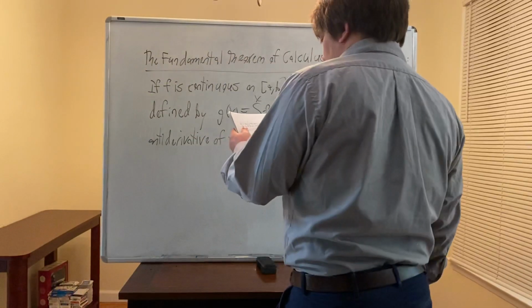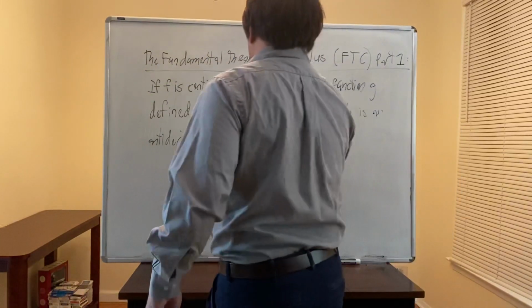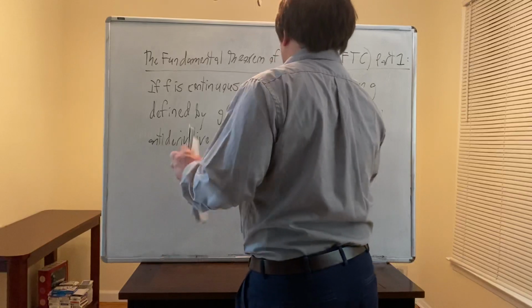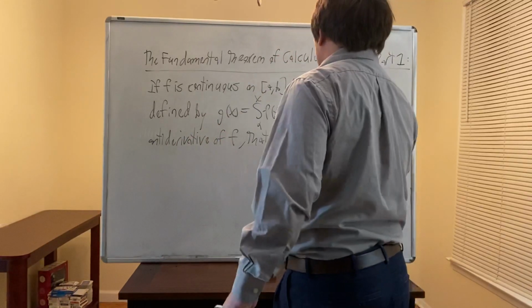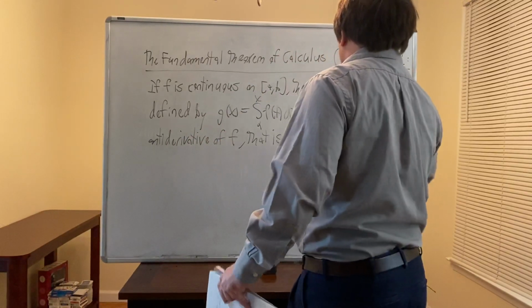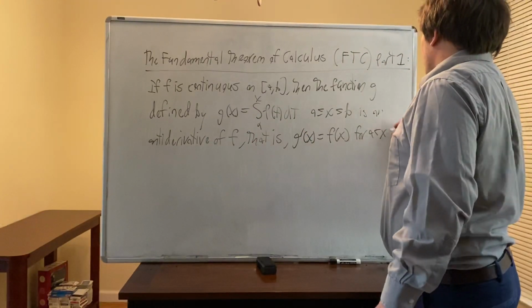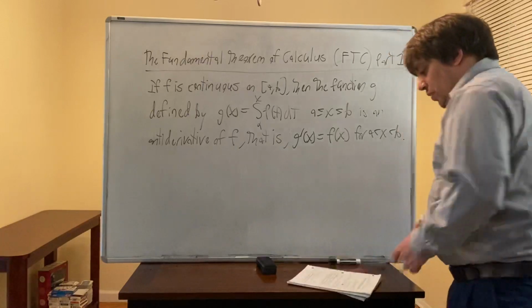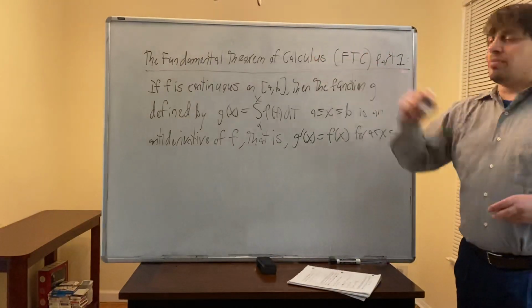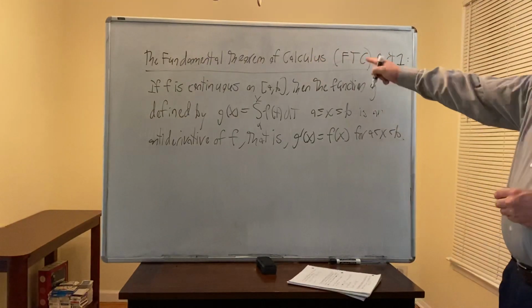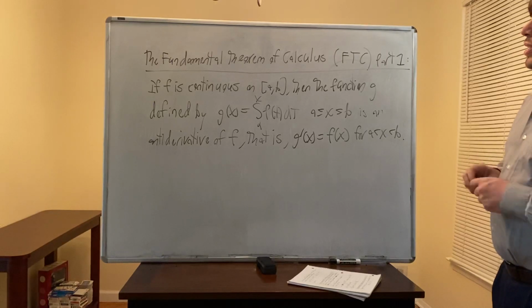That is, g prime of x is equal to f of x for a less than x less than b.